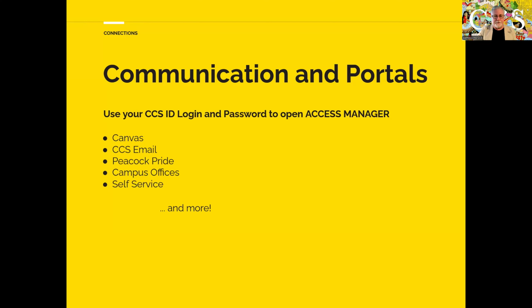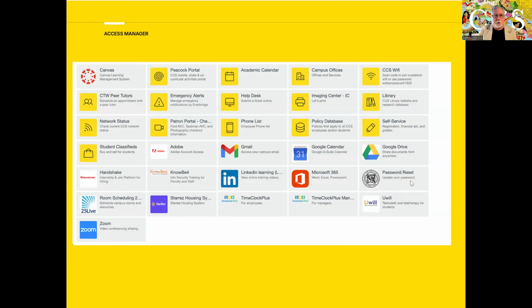And we'll talk a little bit about self-service and more. So again, this is what the Access Manager looks like. For many of you, this may look familiar. We're going to go through some of these for you, but that's generally what you're going to be utilizing for most everything CCS moving forward.